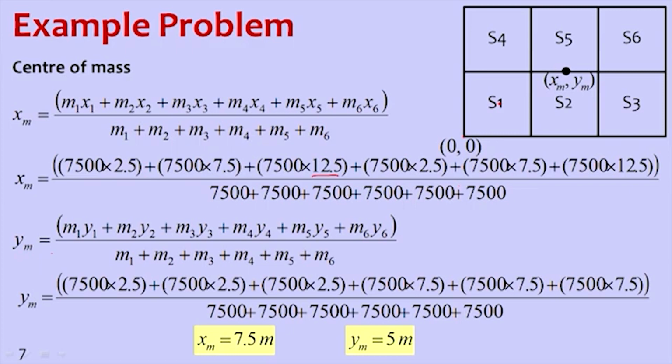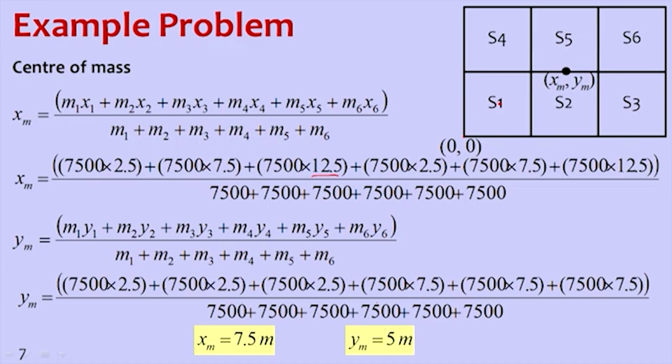And when calculating the y coordinate, we have the same formula, m1y1 plus m2y2 plus m3y3 plus m4y4 plus m5y5 and m6y6 by the total mass of all slabs put together. So y1 is 2.5, slab 2 also has 2.5 y coordinate, and slab 3 2.5, whereas slabs 4, 5 and 6 have 7.5, which adds 5 and 2.5.